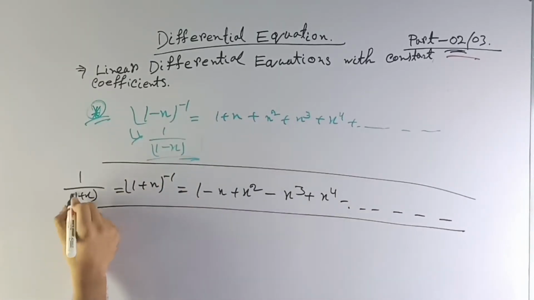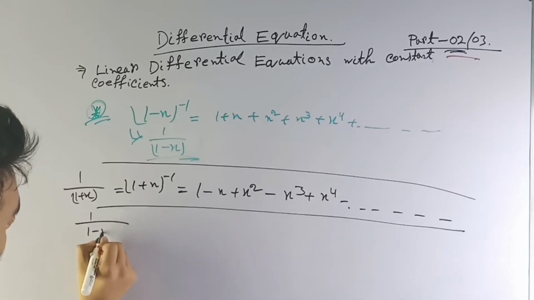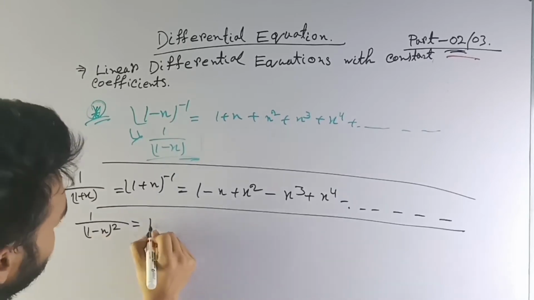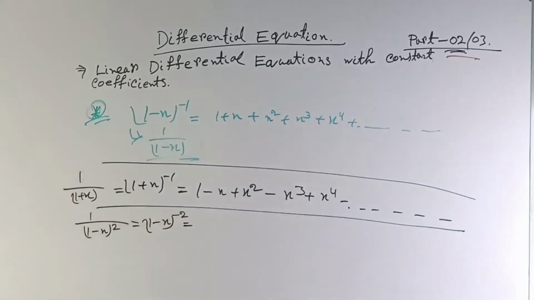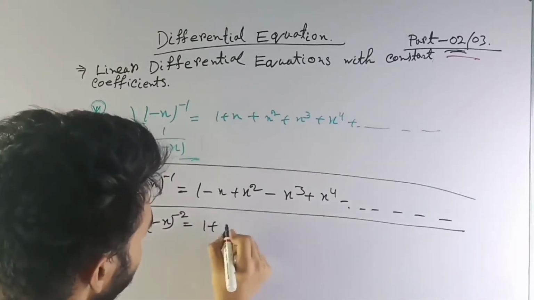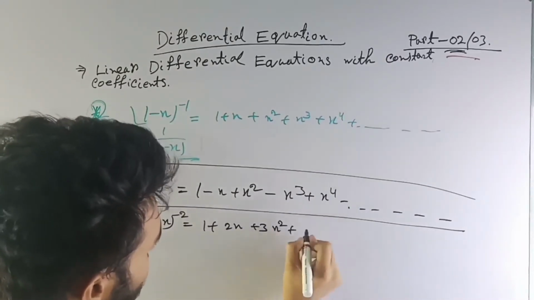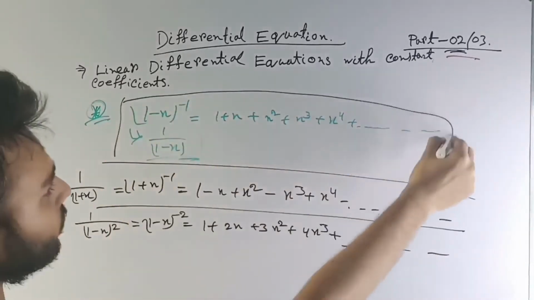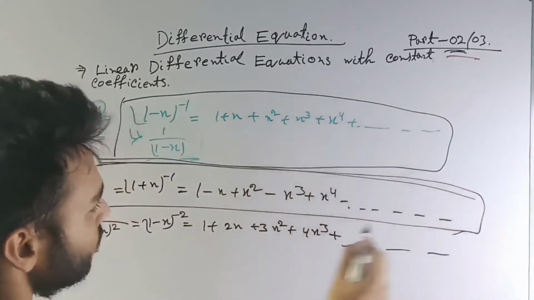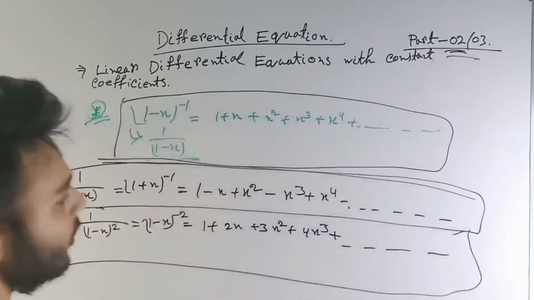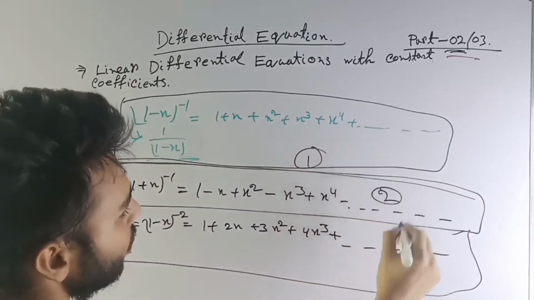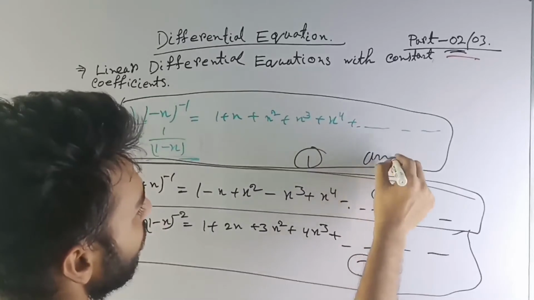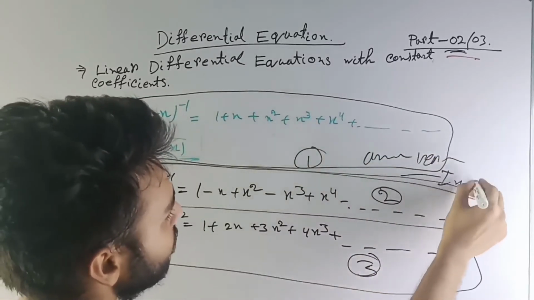So I can write 1 by 1 plus x, and now 1 by 1 plus x whole square, that means 1 minus x whole to the power minus 2, that means 1 plus 2x plus 3x square plus 4x cube, and this 1 and this 2 and this 3 are so much more important. As well, the first and third are differentiation only, that's it.